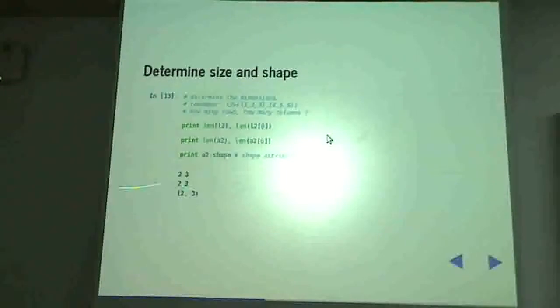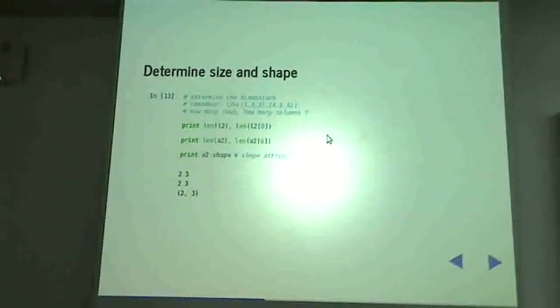So all of these will give you valid answers here. The easiest to understand is of course this A2.shape. It basically tells you 2 by 3. It means there are 2 rows and 3 columns in your array. A2 represents the NumPy array version of the list L2. Length of A2 is how much?